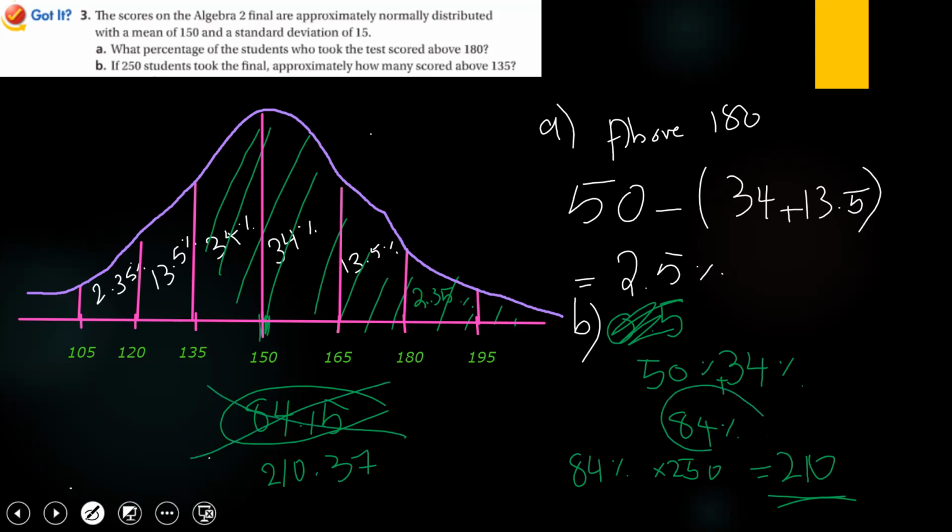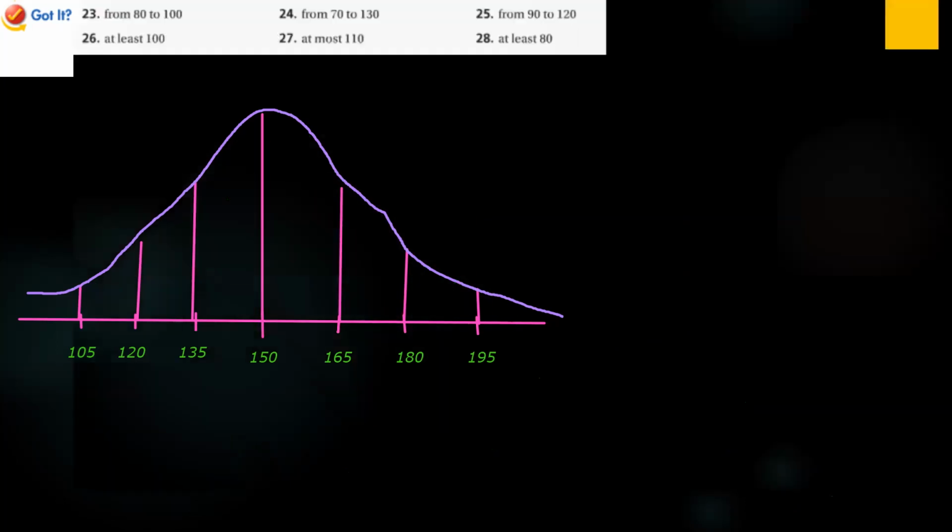It must be 84. Here don't round it. Here I want the exact number. If it is 84, write it as 84. If it is 84.25, write it as 84.25. Got it? Yes. Okay, now is it clear? Do you have any question here for how to analyze? No, it's clear.